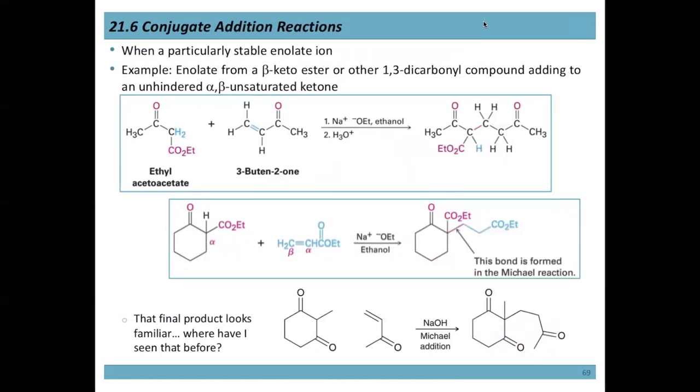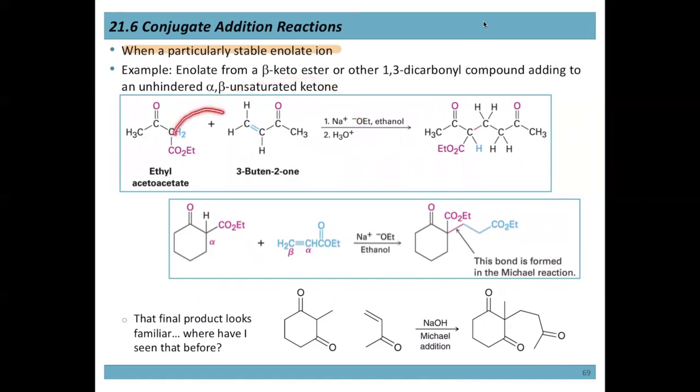So what you want to do is look at the reagents. I've got an enolate, and this reaction is really good when you have a particularly stable enolate ion, meaning that the Michael reaction works out best when you have a dicarbonyl, so you can get the double resonance. The base will deprotonate that alpha position.